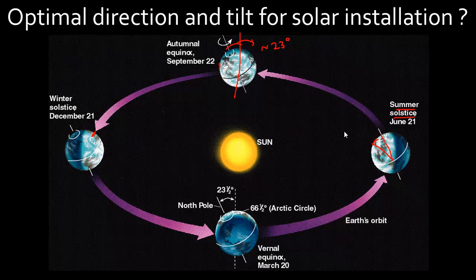If I was at a latitude of theta, the optimal angle is theta minus my tilt angle. And if I go in the winter, the optimal angle is theta plus 23.